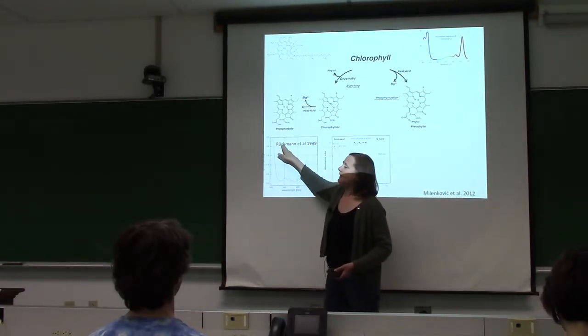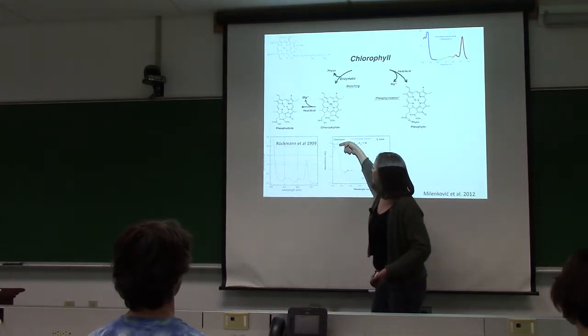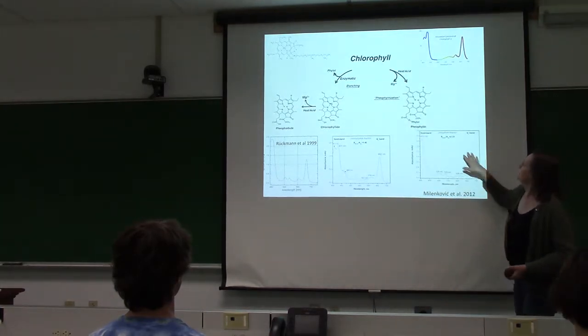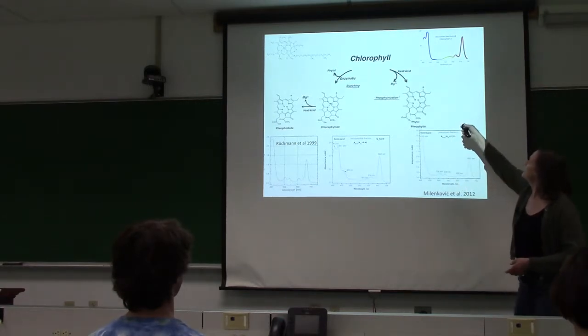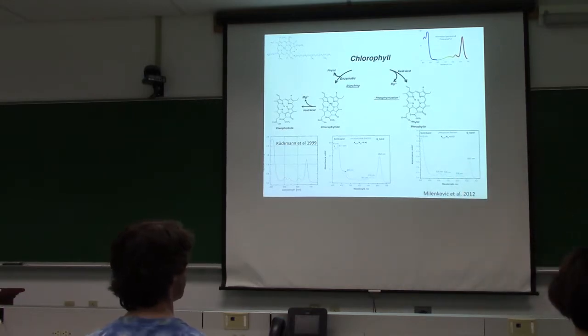There's that peak. I can't find one person who actually made all of these measurements at once. But you lose this blue peak of absorption, which is what happens in the formation of phaeophytin as well. You keep this peak, but you lose this one. And it also shifts a little bit the red peak, and the fluorescence changes.